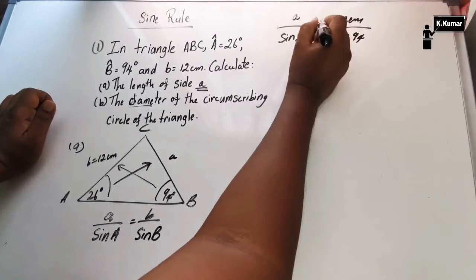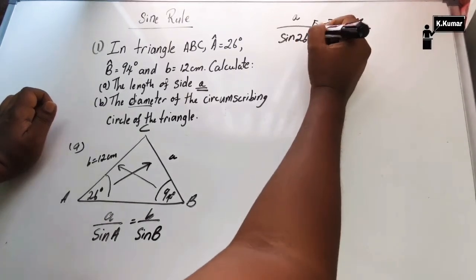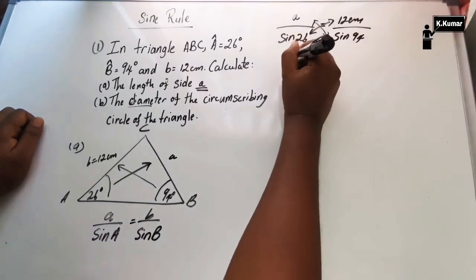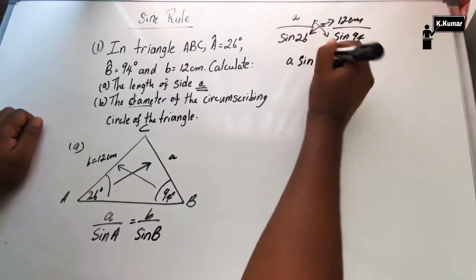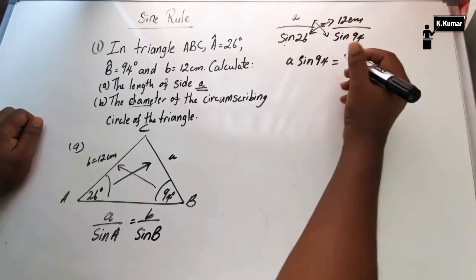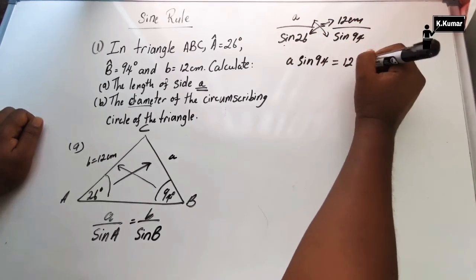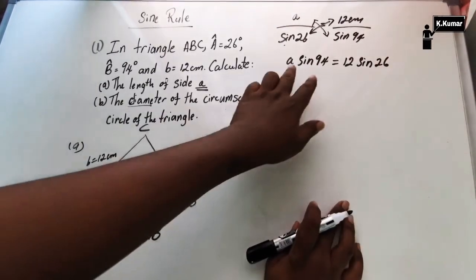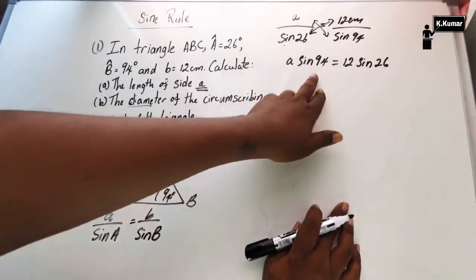So the first step is to cross multiply. So we have A times sine 94, which gives A sine 94, is equal to 12 times sine 26, 12 sine 26. I want A, so I have to move the sine 94.